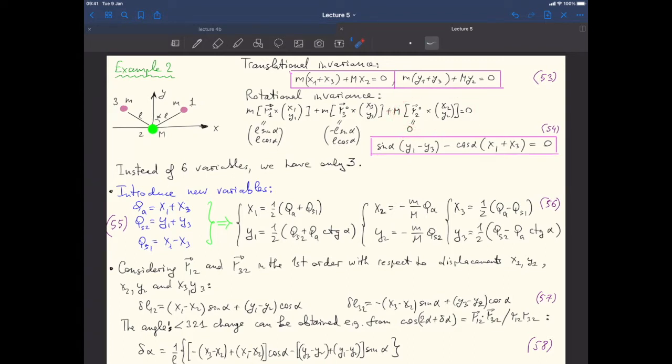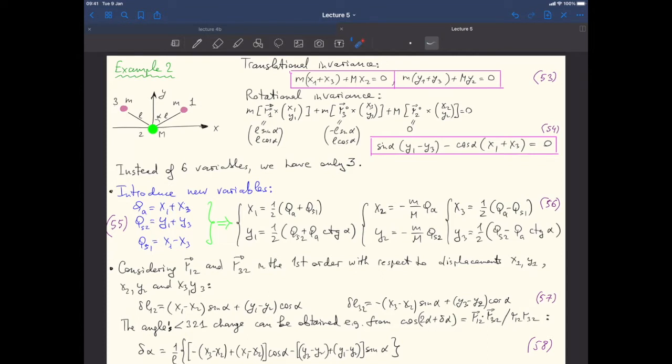And the displacements are given by x1, y1, and 0 for the z, x3, y3, and 0 for atom 3 again. So you can easily calculate this vector product, and the final expression you will obtain is written here, where this angle alpha is the one between the OH bond and the symmetry axis of the molecule.